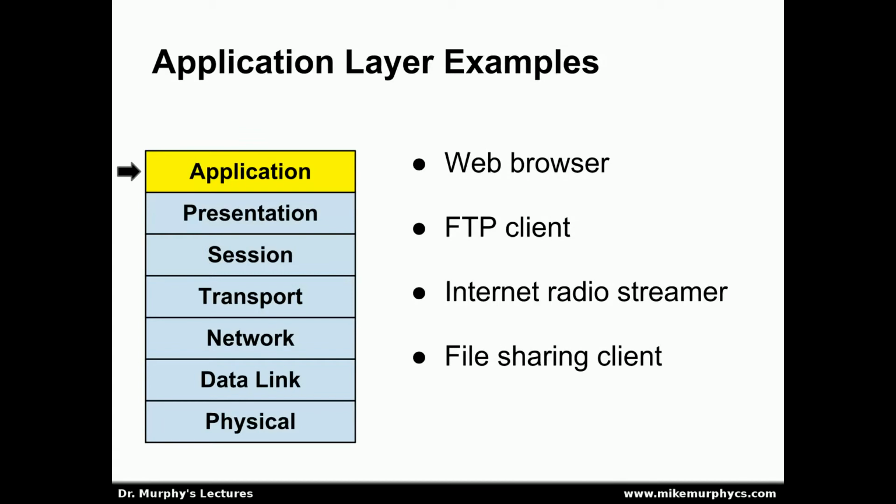You are using an application layer application in order to view this video. The web browser is an example of an application layer implementation. Other examples include things such as FTP clients, internet radio streaming applications, file sharing clients, basically any application that makes use of network connectivity. And these applications are all up here at layer 7.